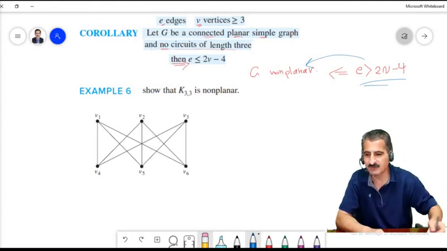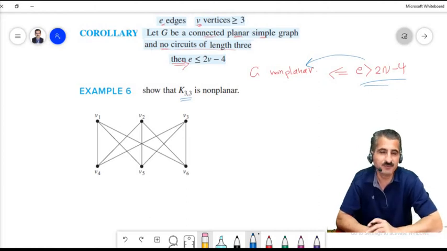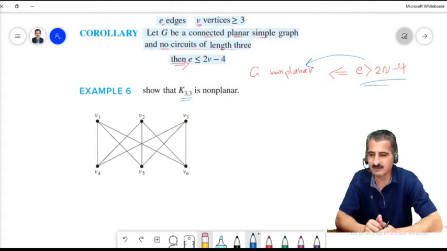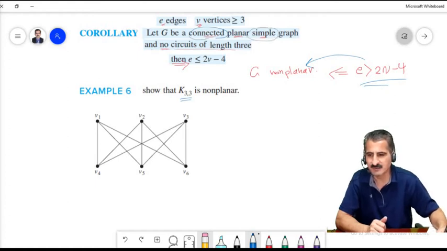So let's go to K3,3 again. We proved it is non-planar, but here we will get a direct proof using the corollary. Now, does the graph K3,3 satisfy these 3 conditions? It is connected, sure. It is simple, yes. And it has no circuit of length 3. Let's try.